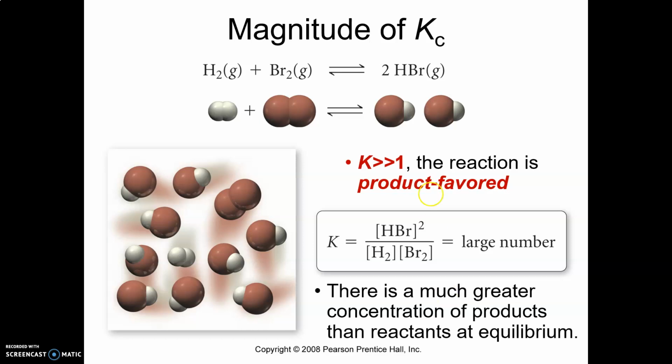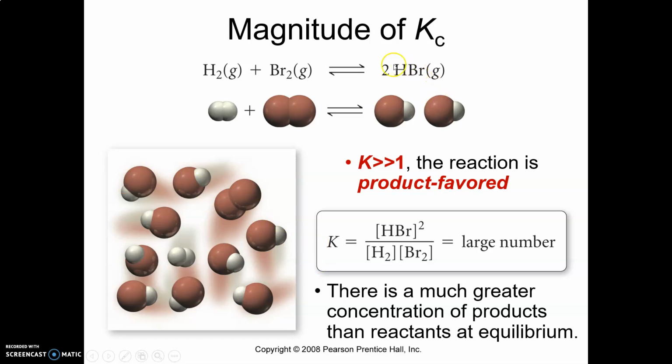So let's look at an example here. We have hydrogen reacting with bromine to generate 2 HBr molecules. Now this is a snapshot at equilibrium, okay? What do you notice you see more of? You see a lot more HBr molecules, which means at equilibrium, this is definitely product favored. So how does that relate to the value of K?